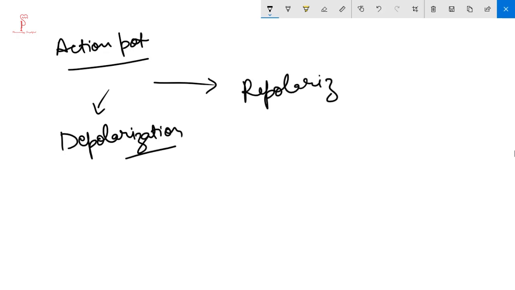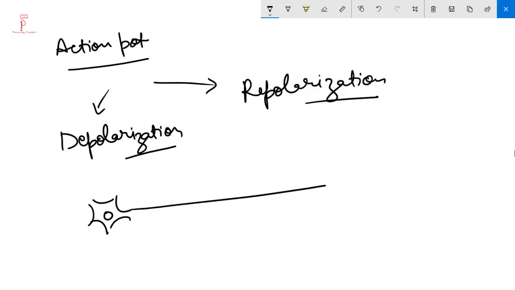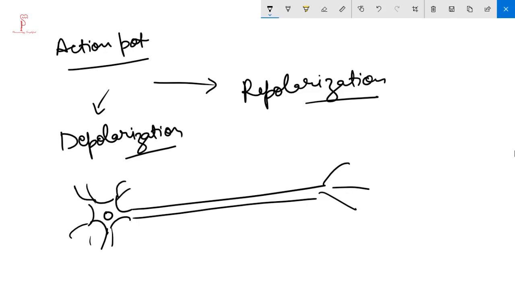For understanding this, I guess we all are familiar with the structure of a neuron. Let me first simplify that. If we take this as a neuron, these are its dendrites. These dendrites accept the signals. The signal is processed here in the cell body.